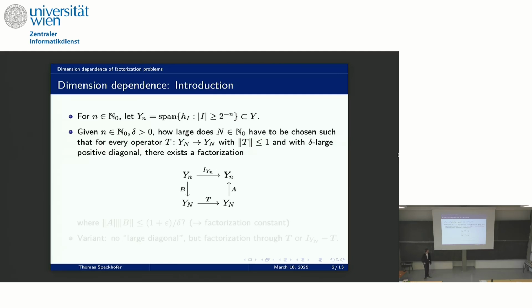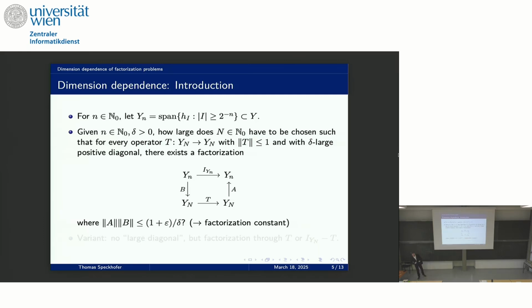And in addition, we demand that these two involved operators A and B, which form our factorization, should satisfy some uniform upper bound. So they shouldn't be too large. In that case, 1 plus epsilon over delta would be the best thing we can hope for. So that's called the factorization constant. So the product of the norms shouldn't be too large.